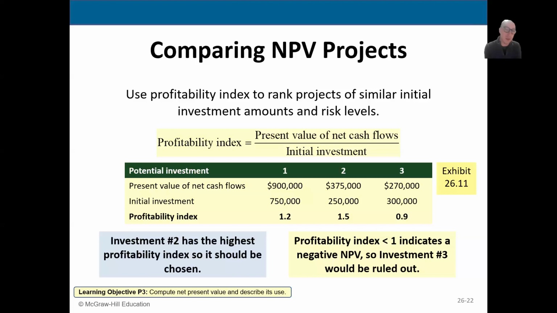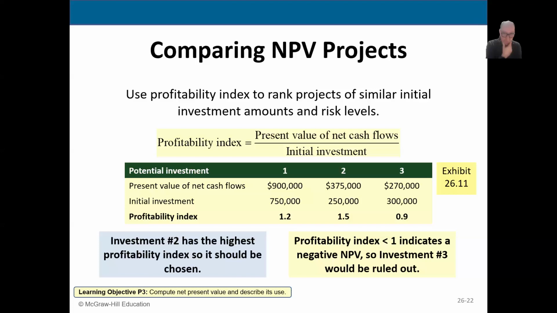Indexing is a way of ranking different alternatives. Here we have the indexing formula. We take the present value of the net cash flows divided by the initial investment.